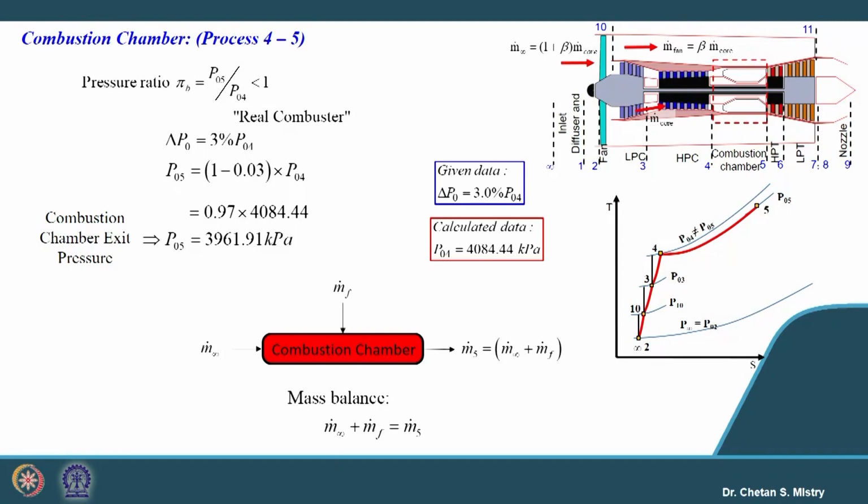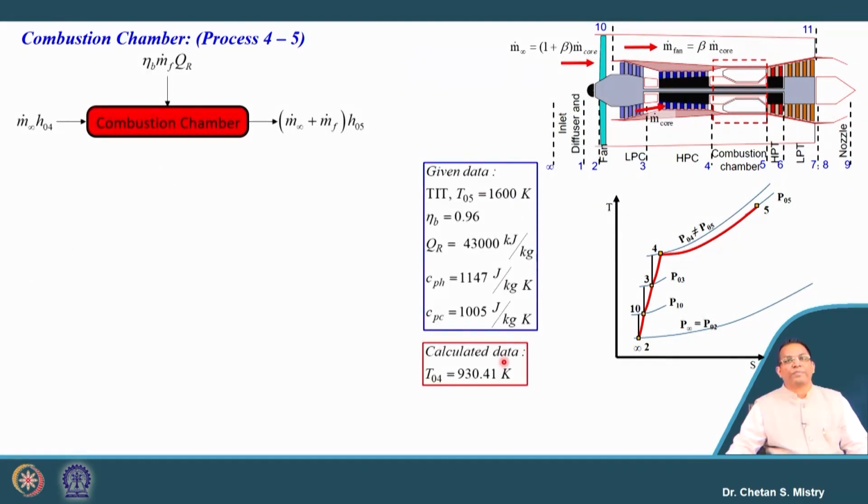Here this is representing my mass balance: this is my M core, here it is MF, and here this is M core plus MF. Now, let us look at the energy balance.